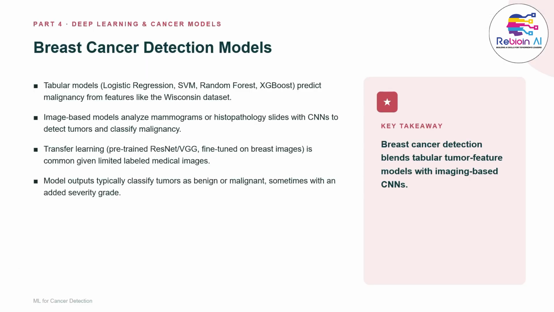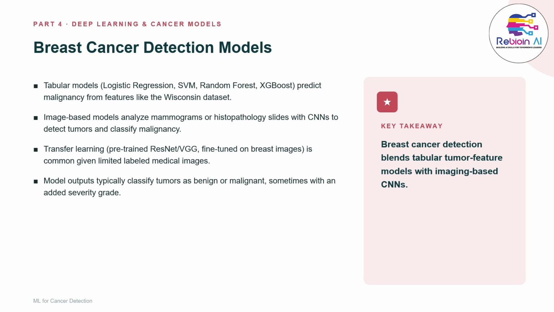Breast cancer. For breast cancer, the two-track pattern repeats. On the tabular side, models like logistic regression, SVM, random forest, and XGBoost train on datasets like Wisconsin. That is exactly what we do in our live demo. In the previous session, I have shown you the dataset for breast cancer. On the imaging side, CNNs train on mammograms or histopathology slide images to directly detect and classify tumors.